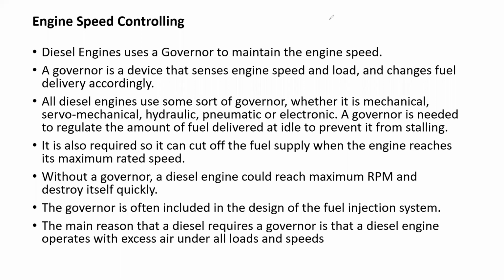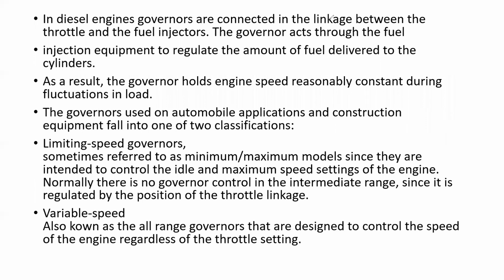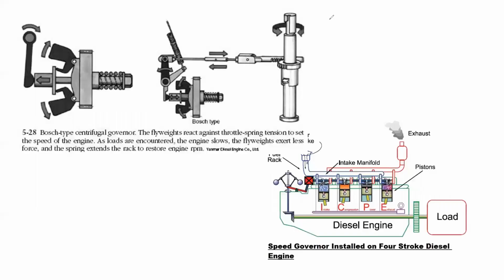So both of them actually need a governor, right? Governors come as limiting speed governors and variable speed governors, but in vehicles we need to use variable speed governors based on the speed of the vehicle.